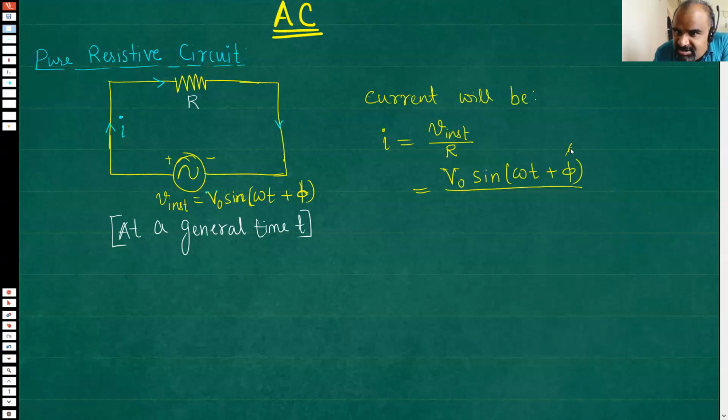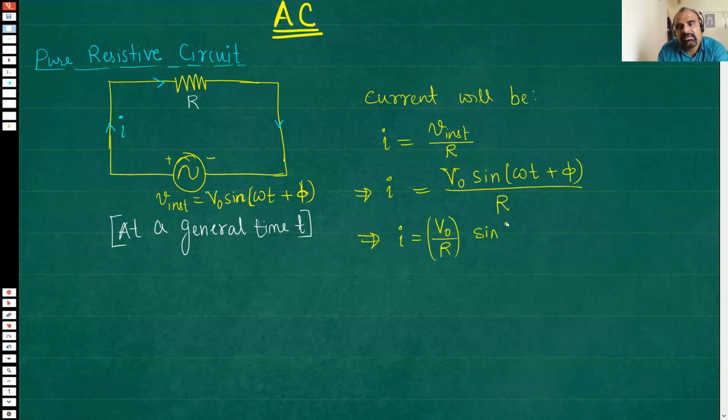In fact, you can put this phi to be 0 also, so that you don't have to write it, but in general, the phi may be there. Divided by the resistance. So we write it as V naught by capital R sine of omega t plus phi.